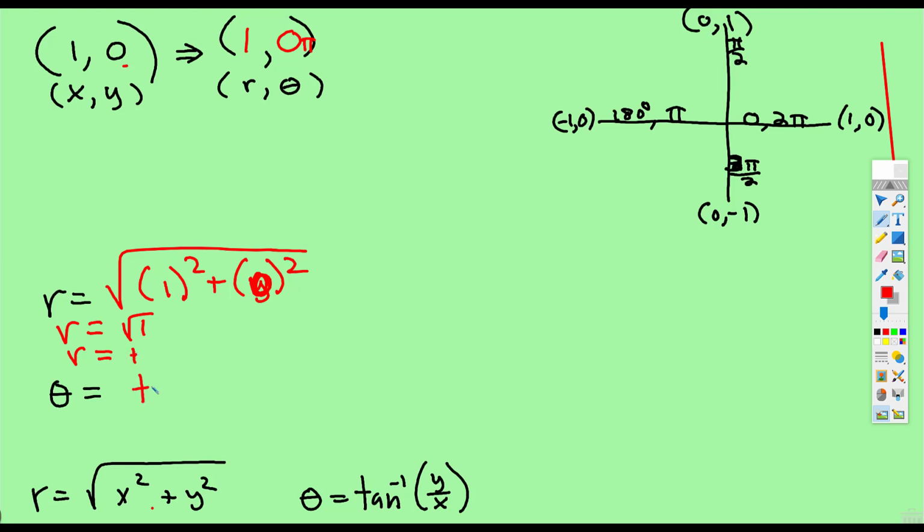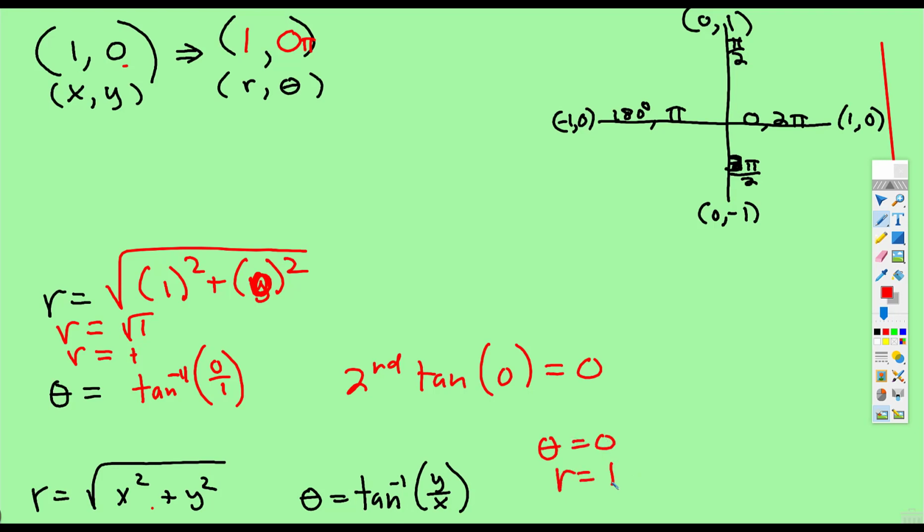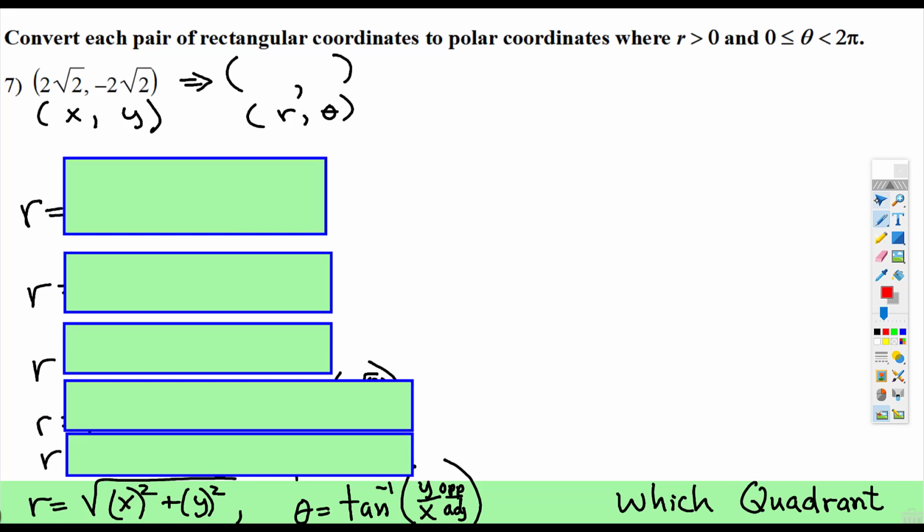And then theta would be inverse tangent of 0 over 1. When you type second tan 0 into your calculator, you're going to get 0. So in this case, theta is equal to 0. Radius is equal to 1, and that's what we have right there. Here's our r, here's our theta. Let's do a different actual example.